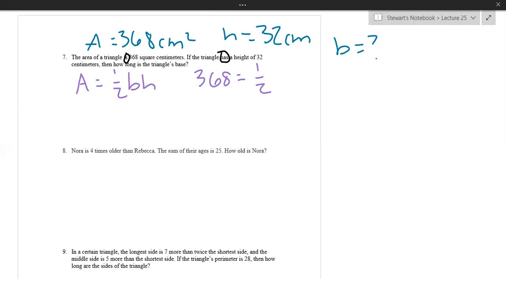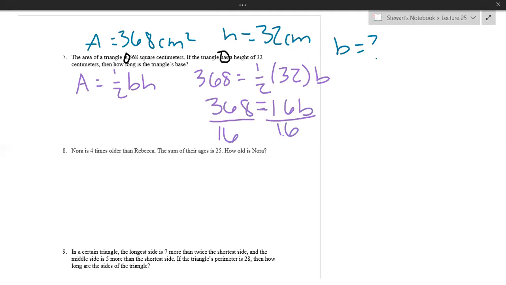We don't know the base, but we have the height, which is 32, and then we have times the base. So we're going to have 368 is equal to 16 times the base. If you divide by 16 on both sides, you'll be left with the base equals 23 centimeters.